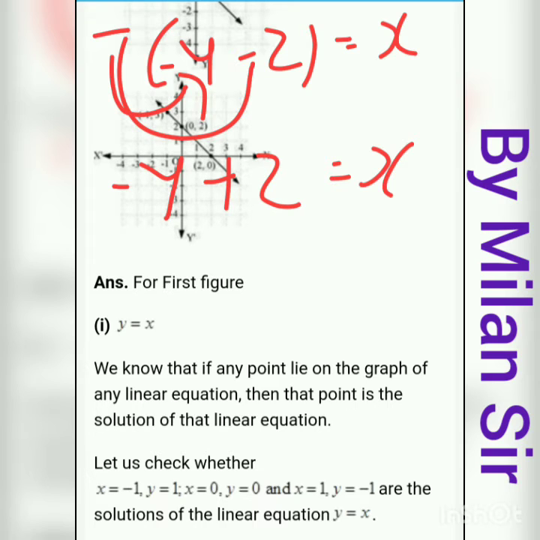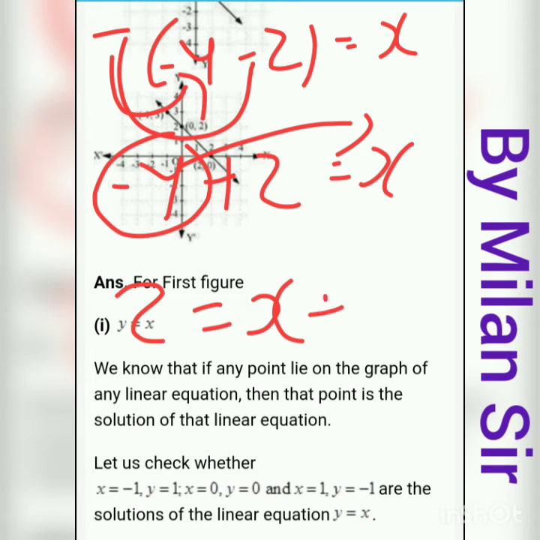Now for finding out the equation, just transfer this y to the right hand side. So here in left hand side we have 2. In right hand side x already we have, and if we transfer this minus y to the right hand side, it becomes plus y. So x plus y is equals to 2.